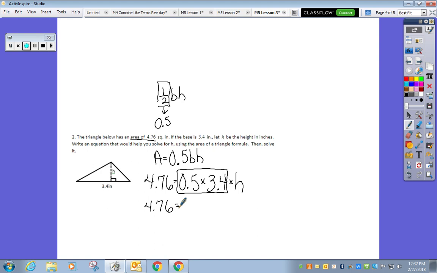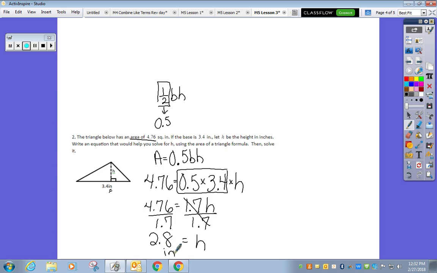When I do 0.5 times 3.4, that gives me 1.7 times the height. It's a multiplication equation, so I'll divide both sides by the number next to the variable. These cancel out, leaving me with the height. And if I do 4.76 divided by 1.7, I get 2.8, and it's in terms of inches.